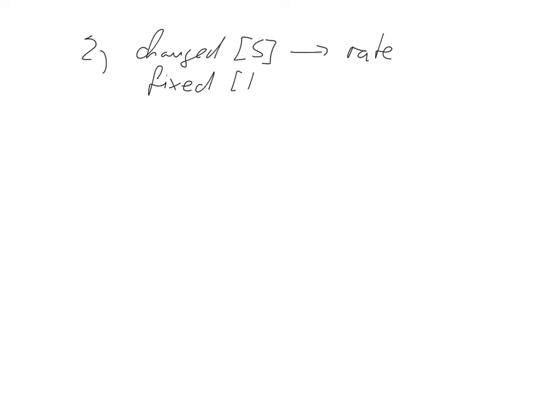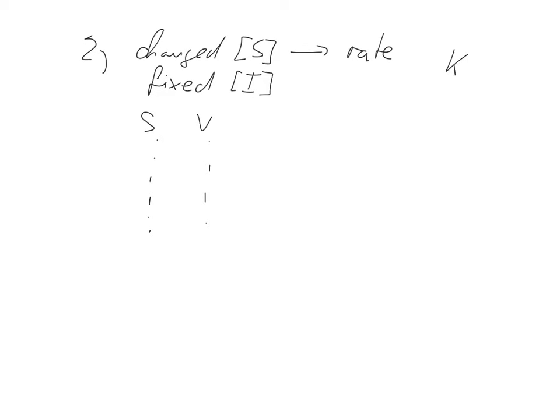In the second experiment, you changed the substrate concentration and measured the rate of your enzyme reaction, and you did that at a fixed inhibitor concentration. So again, you got S, you got V, and what this experiment allows you to do is you can check what kind of inhibitor this is.